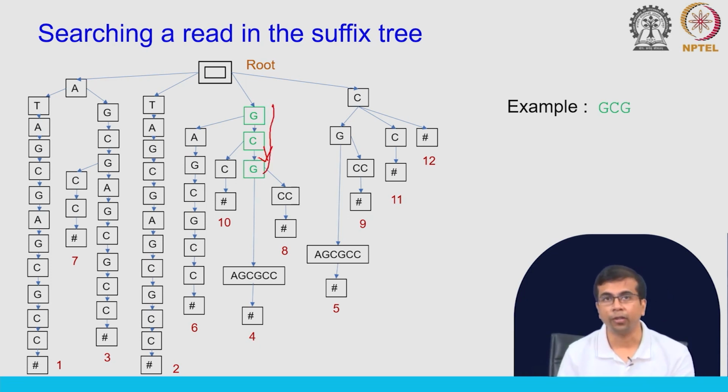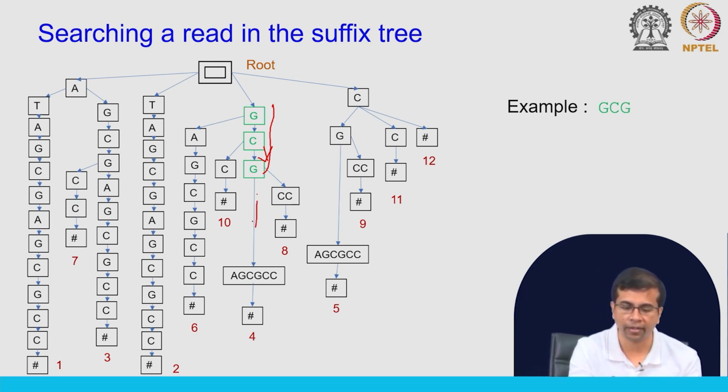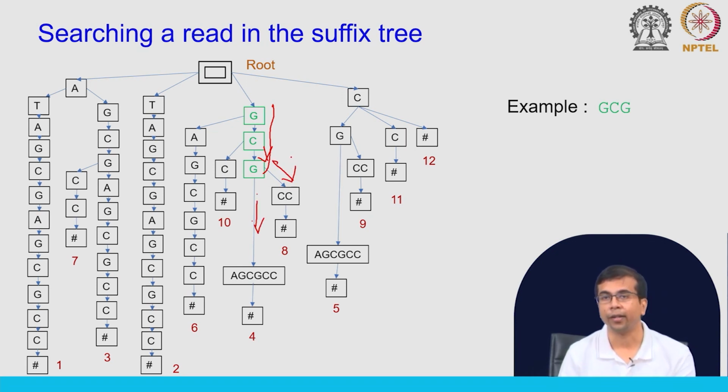What about the location? One of the things you see is that this is part of two paths. So, we have one path going in this direction, another path going in this direction, and they are located in two different positions in the reference string.